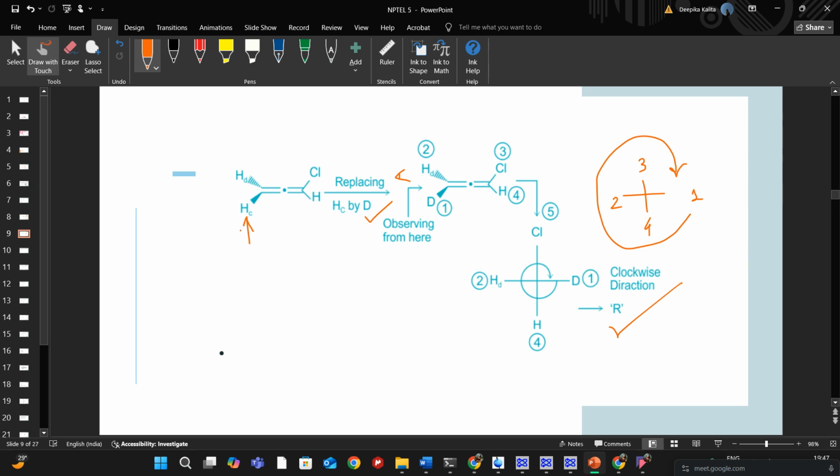Hence, we will have to conclude that the HC proton in the second molecule is a pro-R.